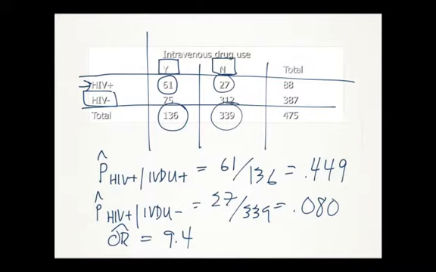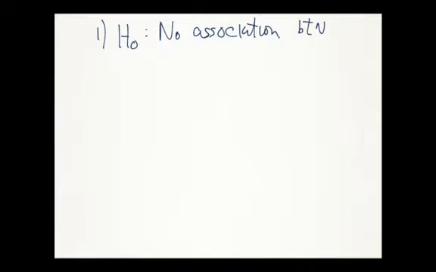Okay, so we can go through our normal 7 steps of hypothesis testing here. So let's do that just as a refresher. So in step 1, we state our null hypothesis, which is that there is no association between IV drug use and HIV.